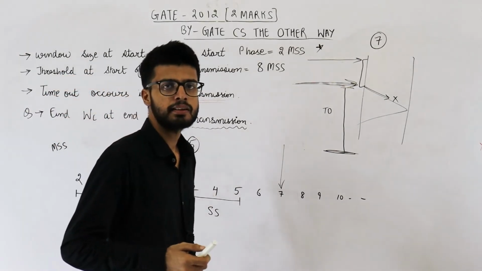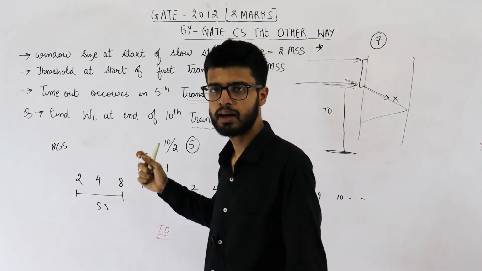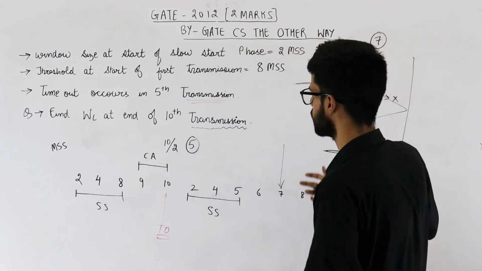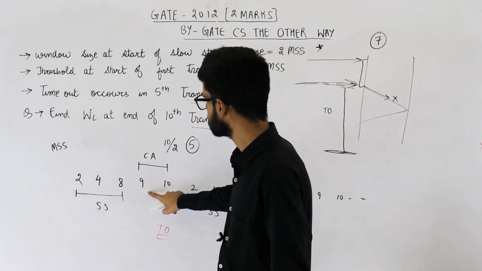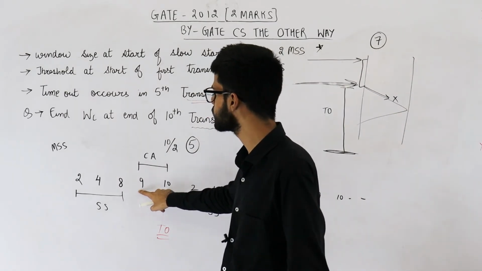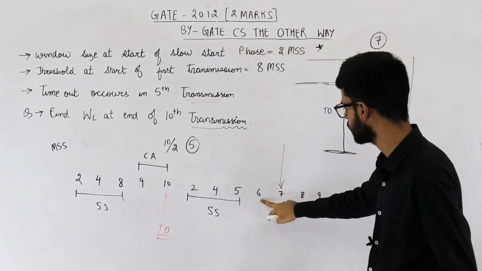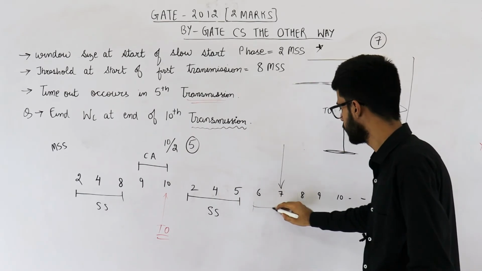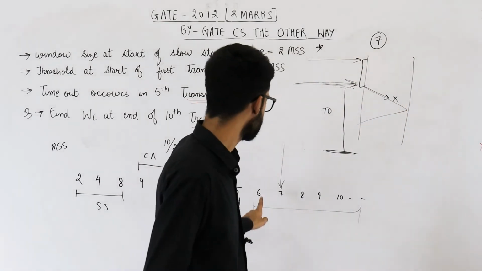One more point that needs to be highlighted is AIMD. AIMD means additive increase, multiplicative decrease. This is the name of this algorithm. See, here in congestion avoidance, we are increasing linearly 9, 10, 11, and so on. Here also it is congestion avoidance. So this one is additive increase: 6, 7, 8.